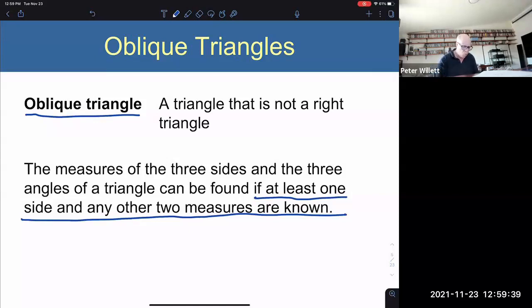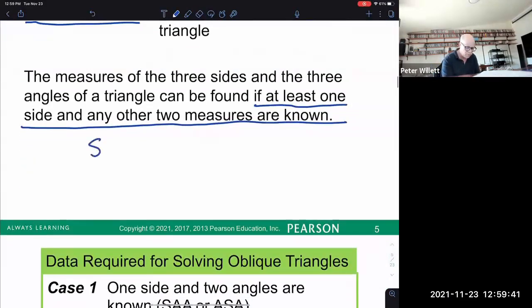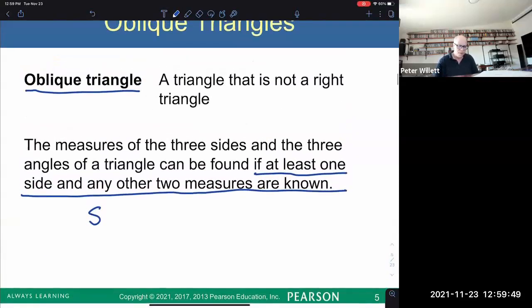So if I know one side, what might the other two measurements be? It might be that the other two measures known are two angles. And then I'd have angle, side, angle, and we can talk about how we would be able to do that situation to solve the triangle.